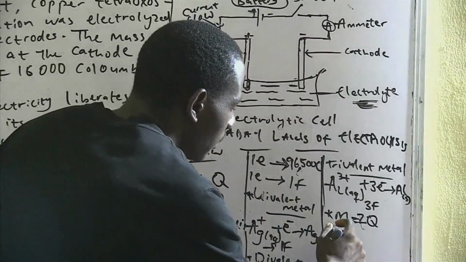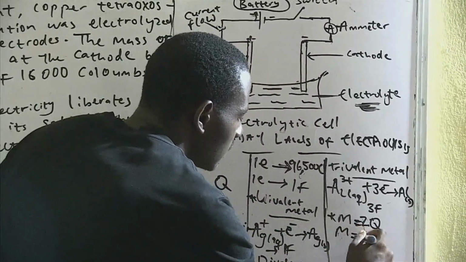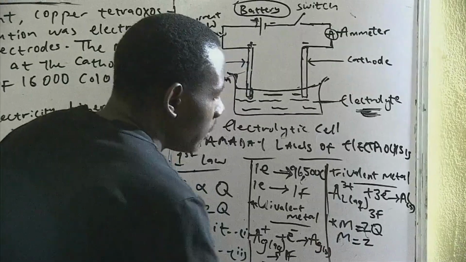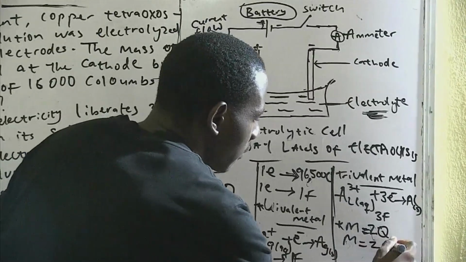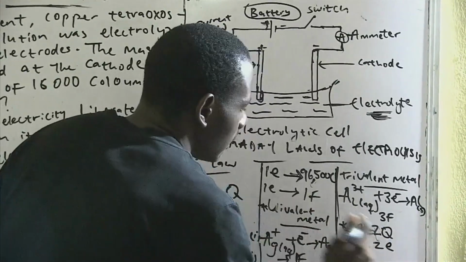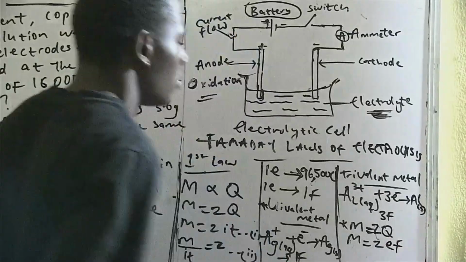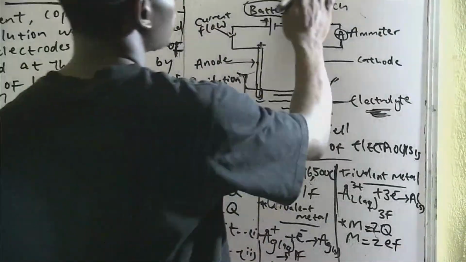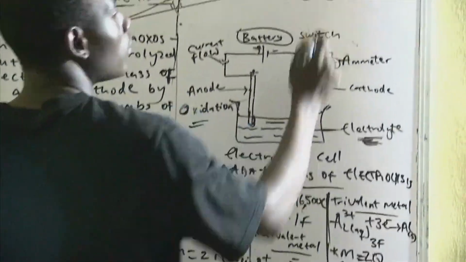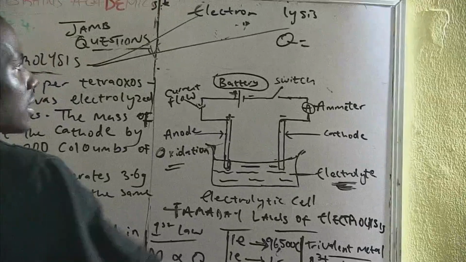So you have molar mass equals Z. Let's call that charge E. Then F. I want you to take note that your Q is not just IT.